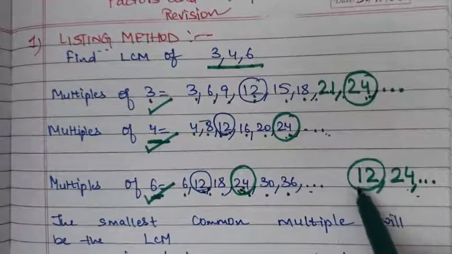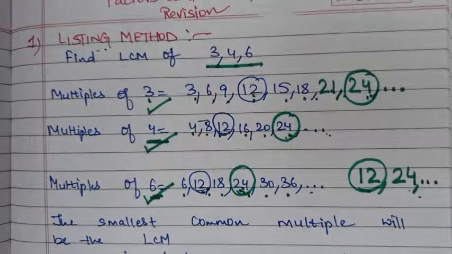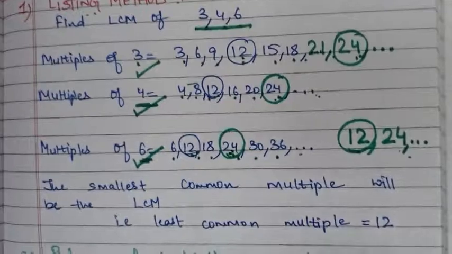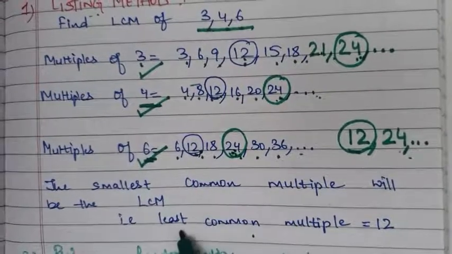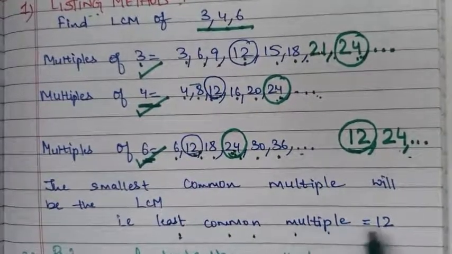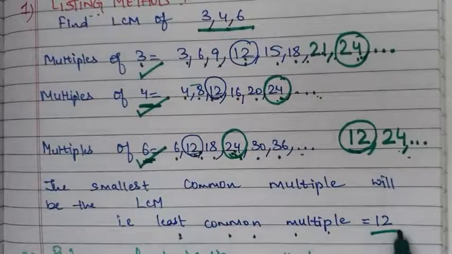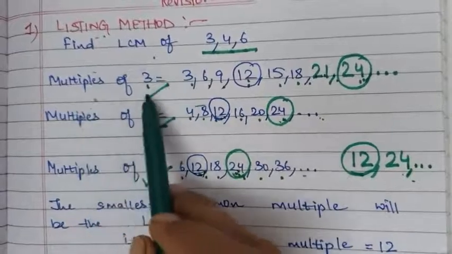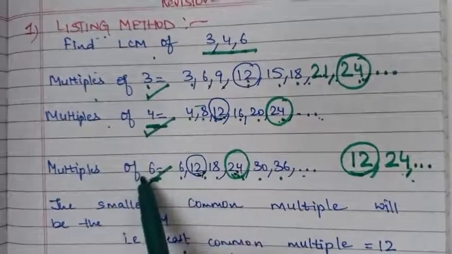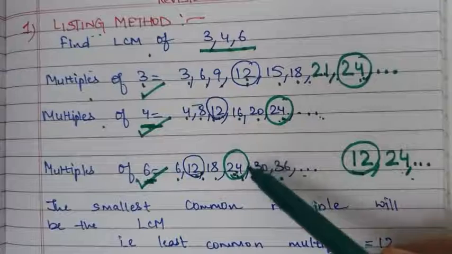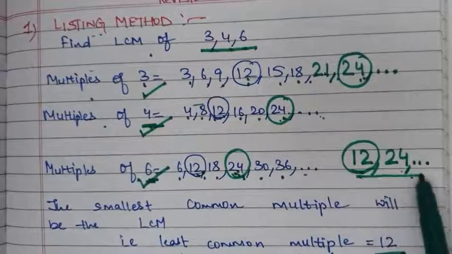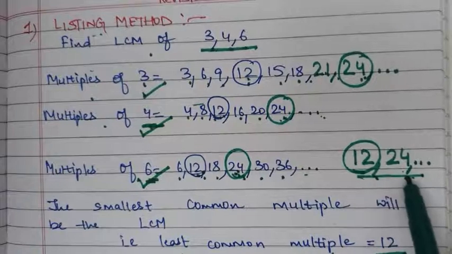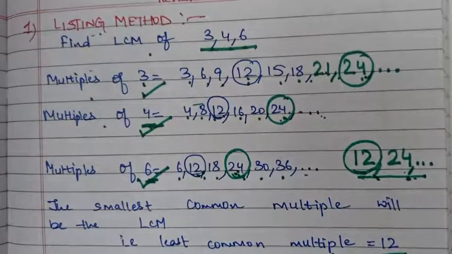Yes, the smallest common multiple is 12. So our LCM, least common multiple, will be 12. Clear? In the listing method, write the multiples first, then find the common multiples, then you have to see the least common multiple. Clear children?